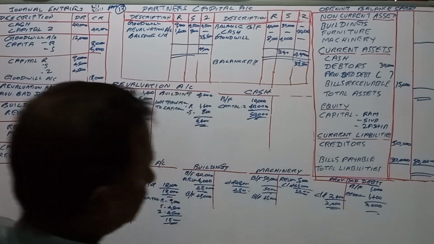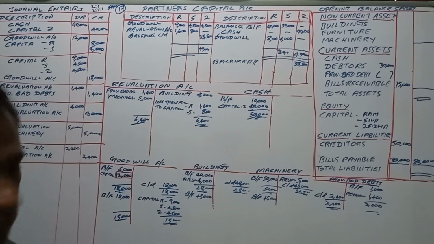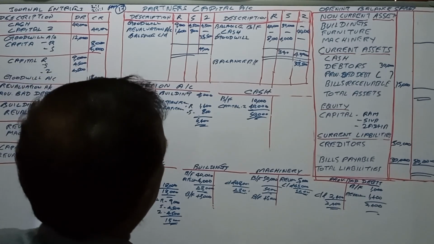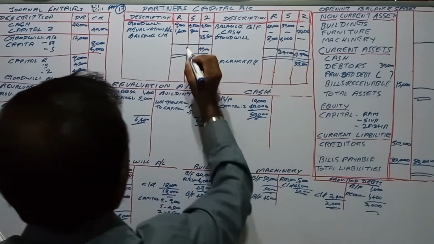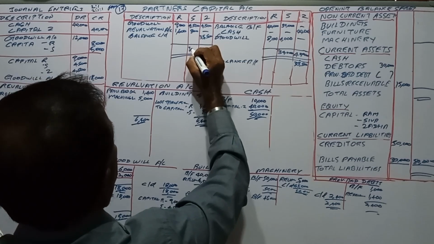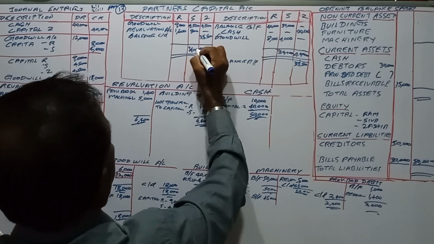General reserve, do we have the general reserve? Let me see whether there is a general reserve. No. Then here we have 34,000.